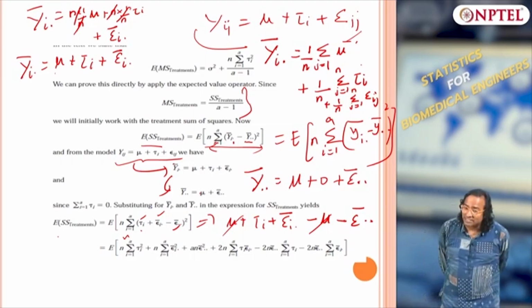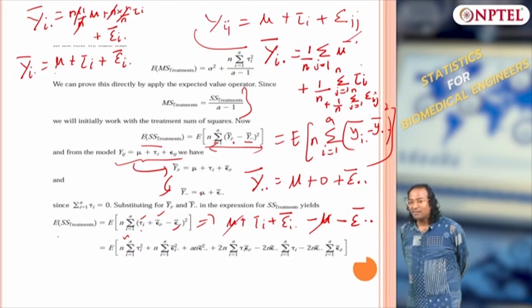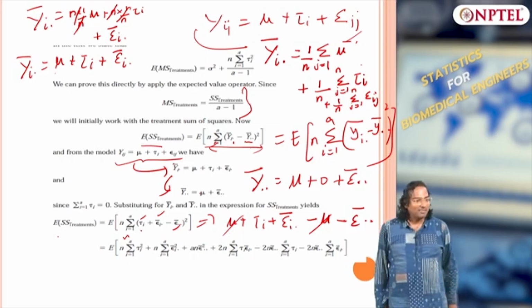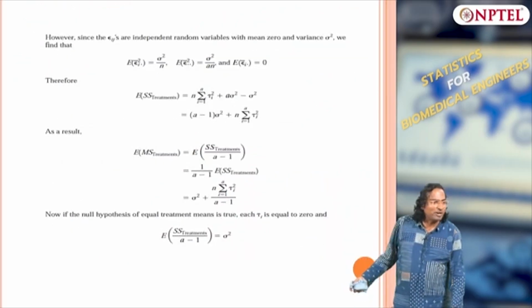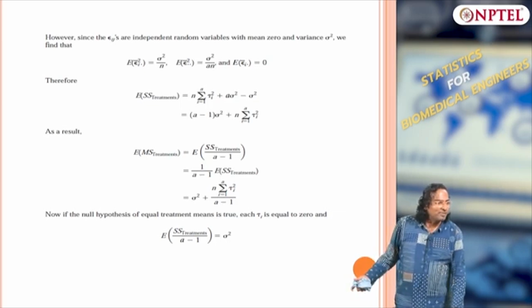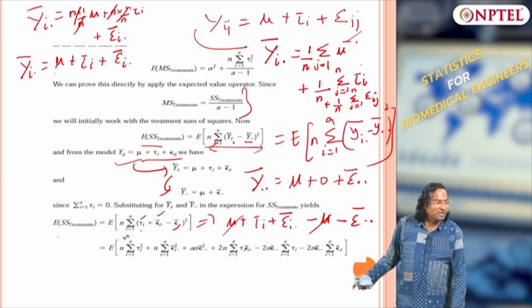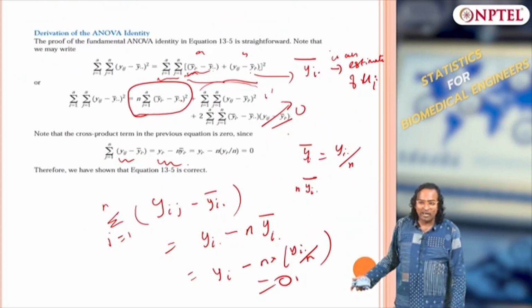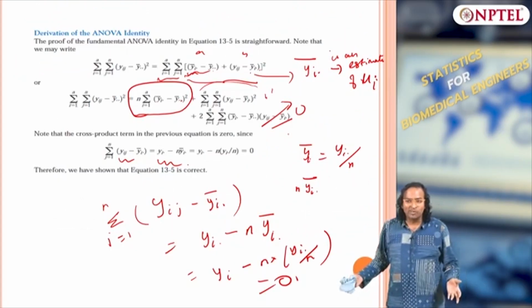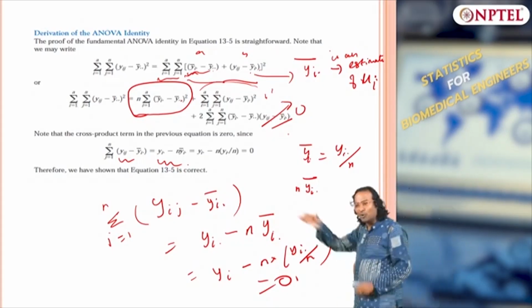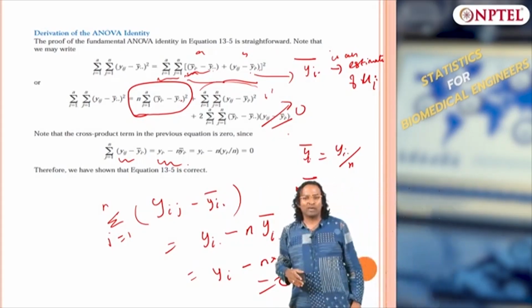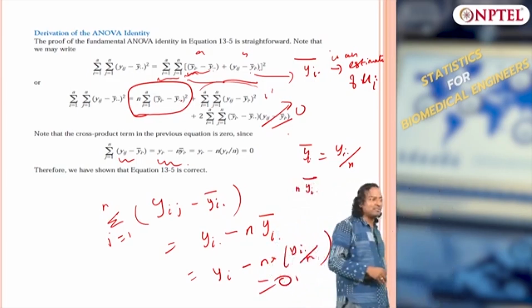So what should the expectation of sum square treatment be? It should be a function of the summation of tau i squared, because tau i is the treatment. Tau i squared is the variance due to treatment, so sum square treatment should somewhere end up at tau i squared. That is what we want to check.